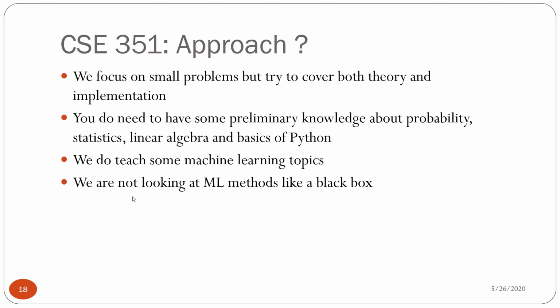And why are we doing it? The reason being that we don't want to use any algorithm as a black box, right? As I said, we will be using Python, and in Python we have some very good libraries, and we'll be using those libraries for our algorithms. But when we are using the library, we should also understand what has been implemented in it.